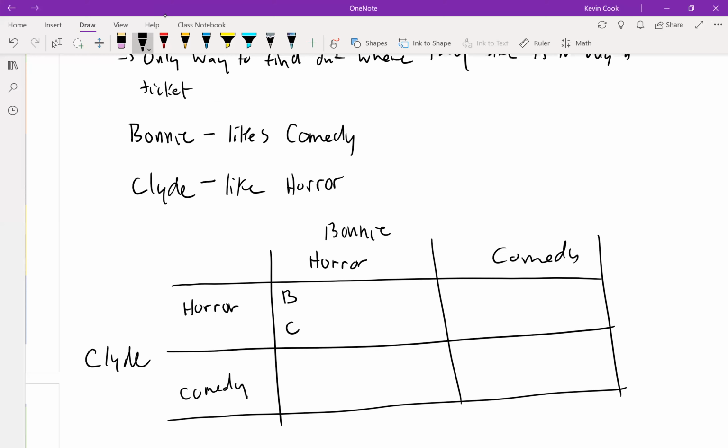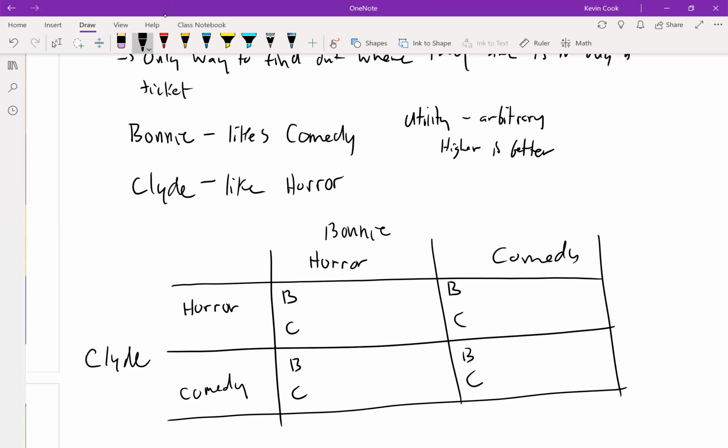Then for each payout again, we'll have a Bonnie and a Clyde. And in this case, I'm measuring utility, and it's going to be relatively arbitrary, but higher is better. Right, so when we were talking about years in prison, we wanted lower.